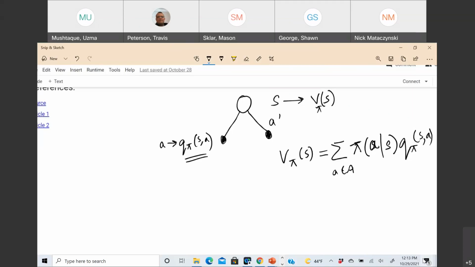To summarize, suppose we start off by taking some action A. Because of this action A, the agent might step into some other state S prime. So my question is, how good was it to take action A? That's what we are trying to answer here.